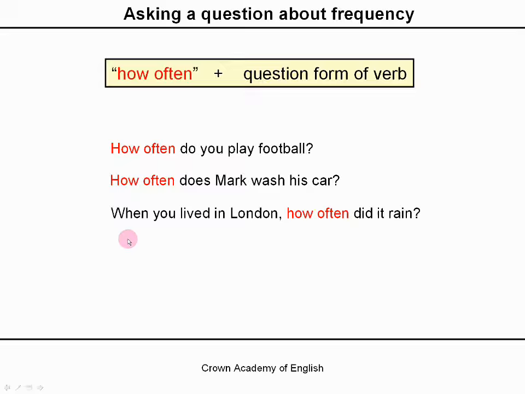Now here is one in the past simple. When you lived in London, how often did it rain? So we have how often, then we have the question form of the past simple. Did it rain?